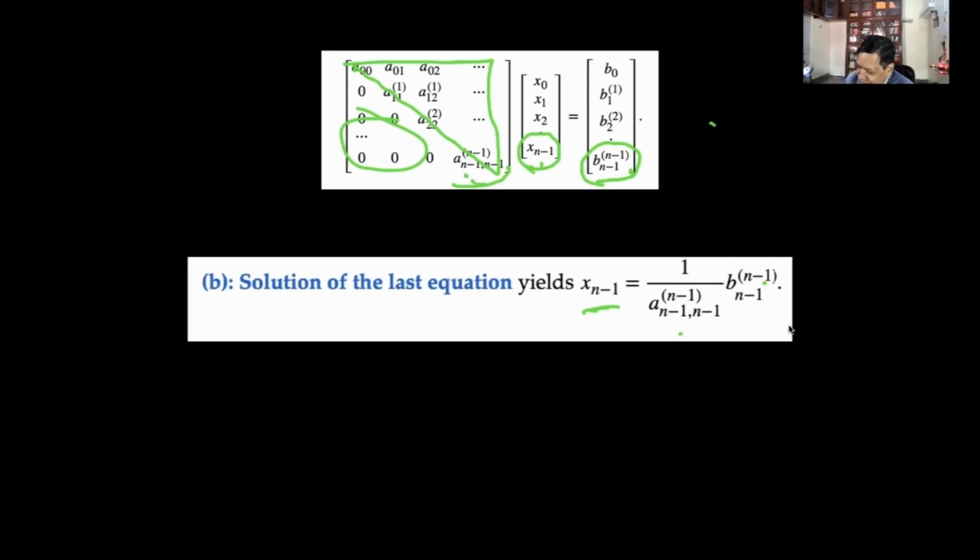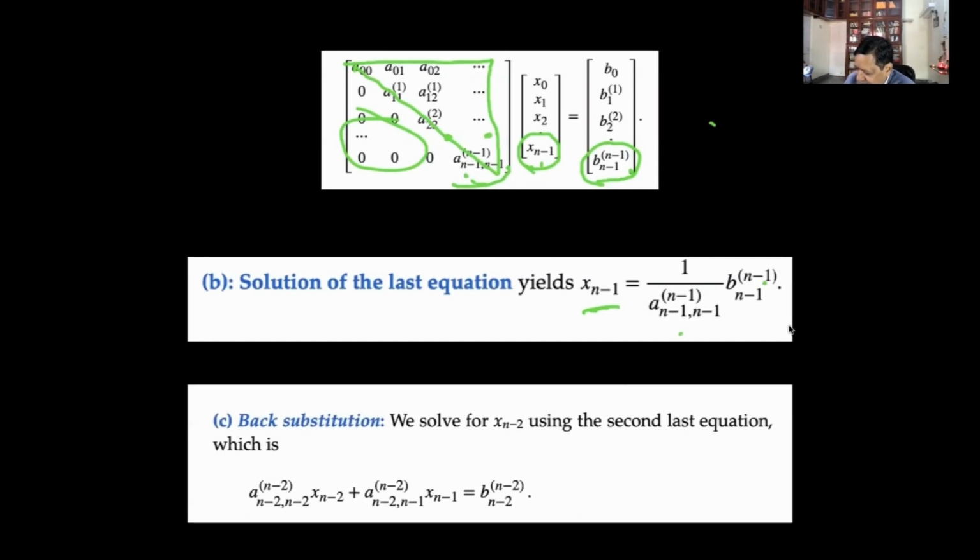Very easy. Remember there are two entries in the second-to-last row. So a_{n-2,n-2} times x_{n-2}, this is a diagonal entry, plus a_{n-2,n-1} multiplied by x_{n-1} is equal to b_{n-2}.